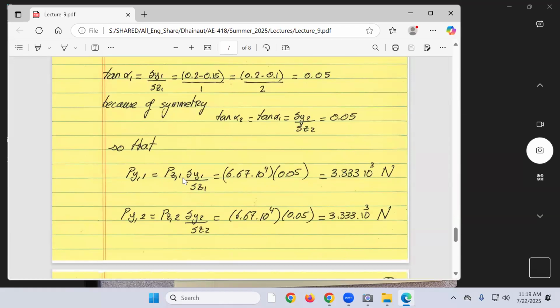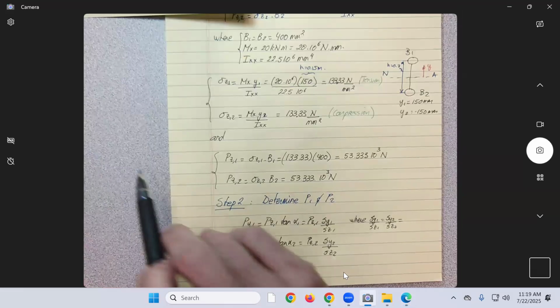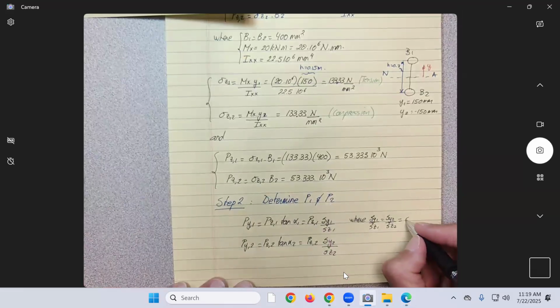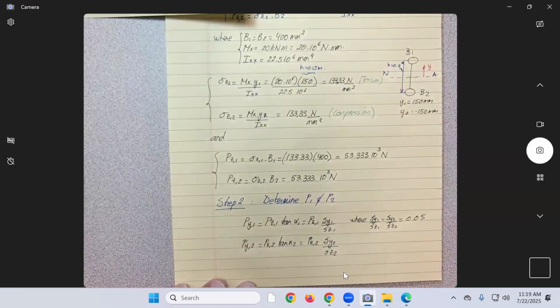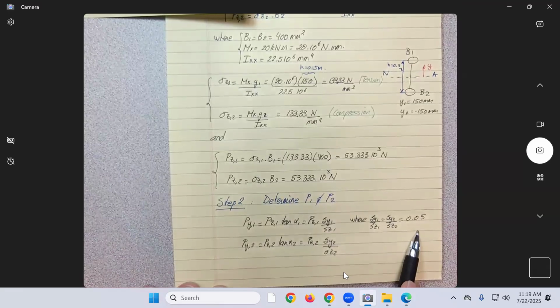So basically we do the same thing, so this will be equal to 0.05. Now I can just go and substitute into this equation.